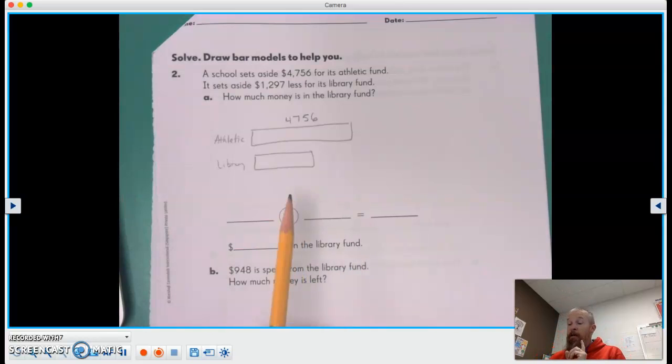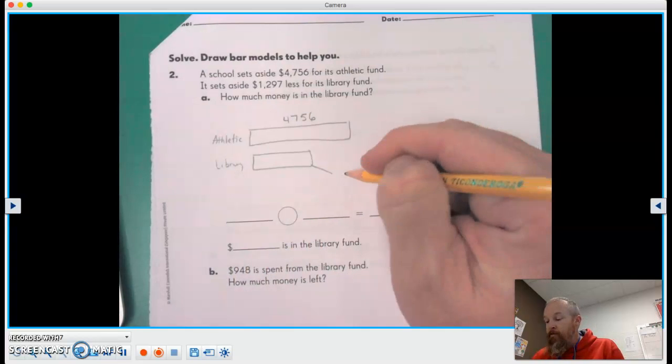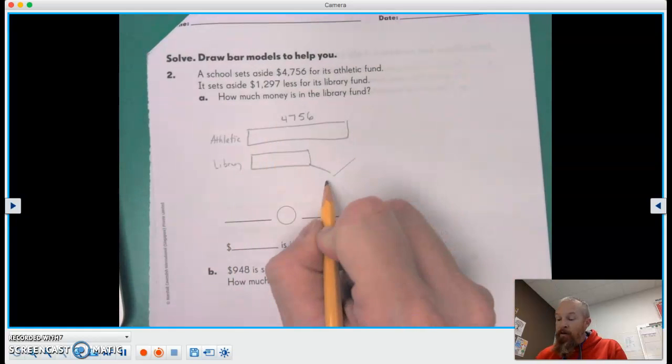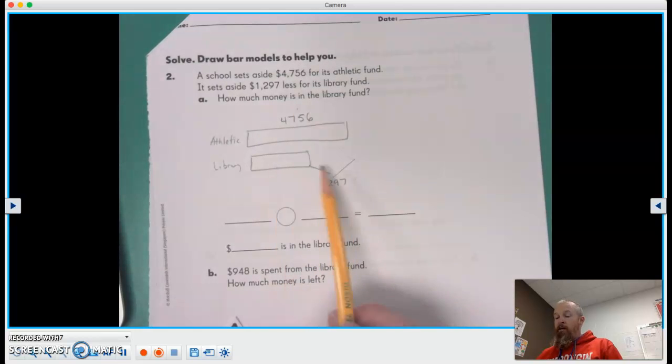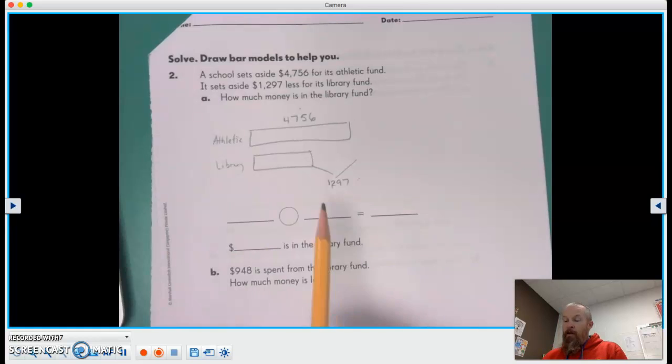We don't know how much the library fund is, but we do know that it is less than the athletic fund. So we're going to take the 1,297 on this one. So when we look at that, we have the whole and we have one of the two parts. Therefore, we need to subtract. And then this will give us how much the library fund is.